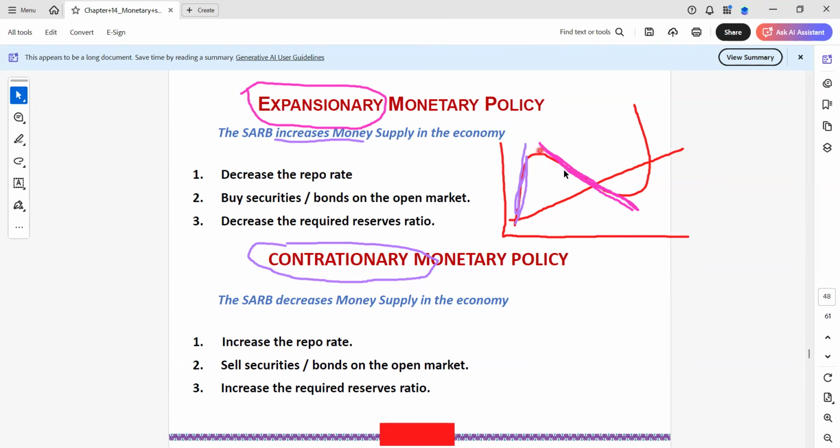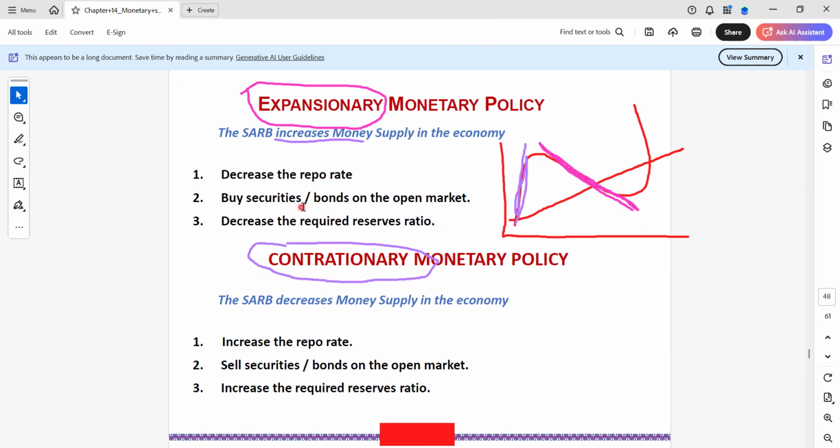So now economic activities were declining, but because there's been a decrease in the interest rate, consumption expenditure is going to start increasing. Businesses are going to be established or built because people can borrow money from the banks to start businesses. And if there are businesses, people can be employed and all of that.